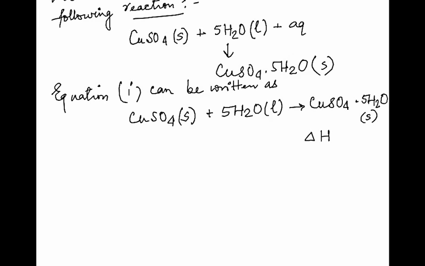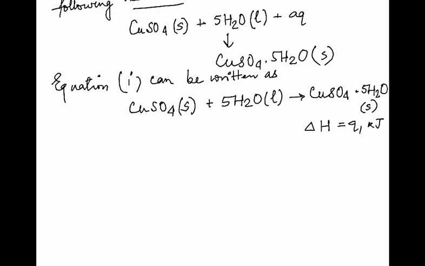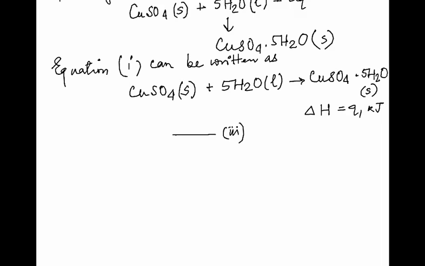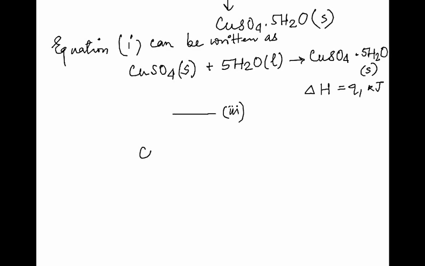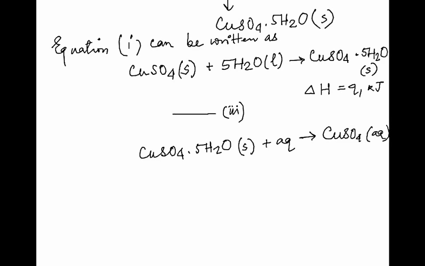Here the delta H value is equal to Q1 kilojoule, suppose. This is equation number 3, and equation number 4 is copper sulfate 5H2O solid plus aqueous solution giving rise to copper sulfate aqueous. Here the delta H value is equal to Q2 kilojoule.